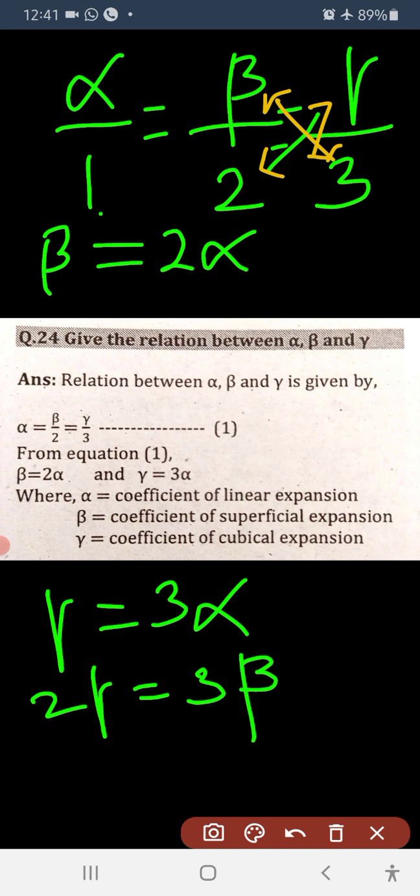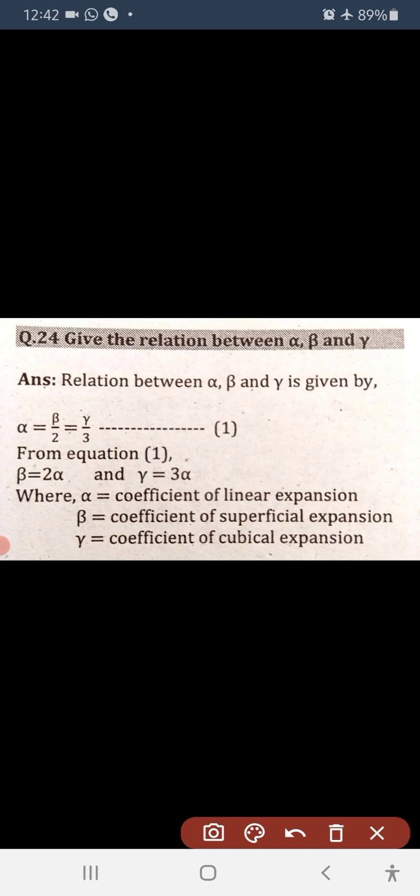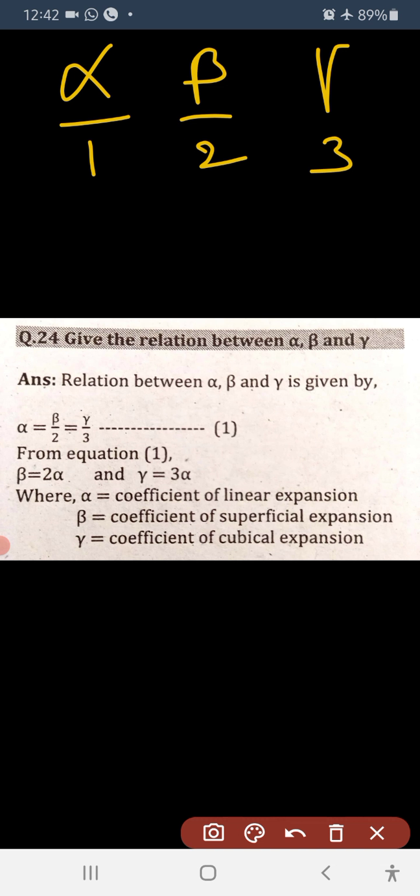So in this way we can find the relation between alpha, beta and gamma. Just remember here that divide alpha by 1, beta by 2 and gamma by 3 and write equal to sign in between them. That's all. This is a simple relation.